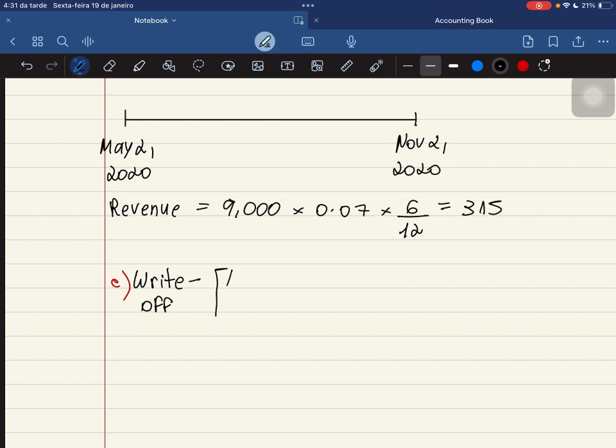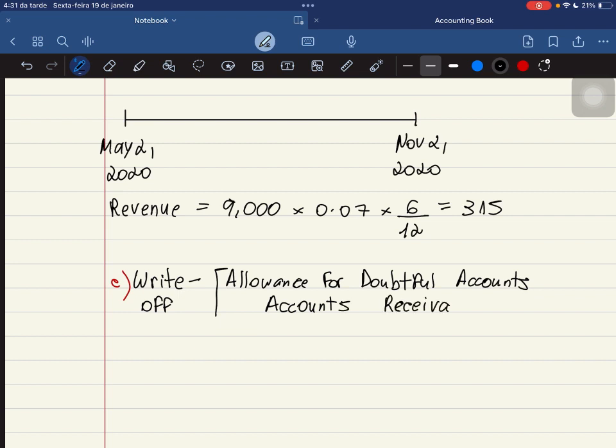And what is the write-off entry? Well, we always debit allowance for doubtful accounts. And what are we going to credit? We're going to credit accounts receivable because originally this money was supposed to be paid to me.